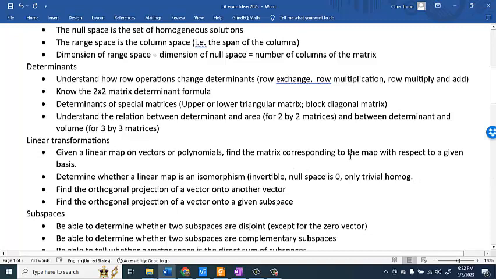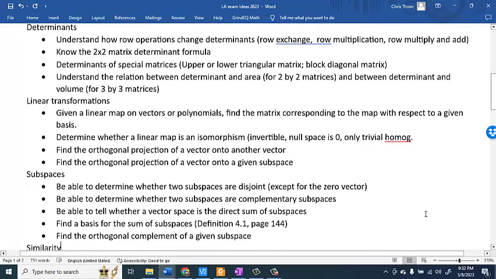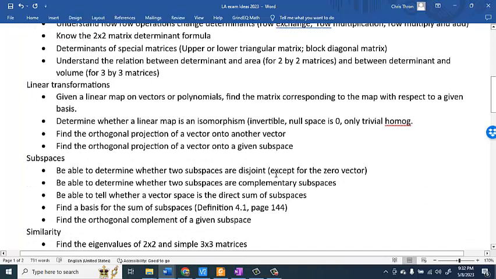Find the orthogonal projection of a vector onto a given subspace. Where's my mouse? Okay, here we go. Now here you probably just need to write down the formula. Subspaces: be able to tell whether two subspaces are disjoint except for the zero vector. So think about how you would do that.